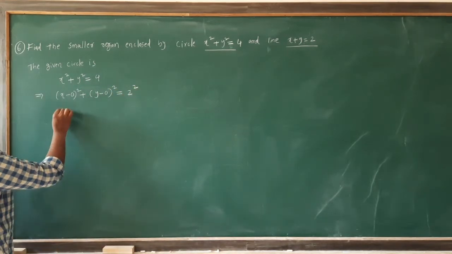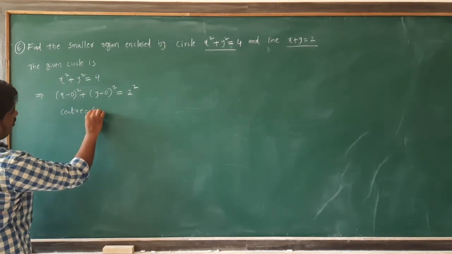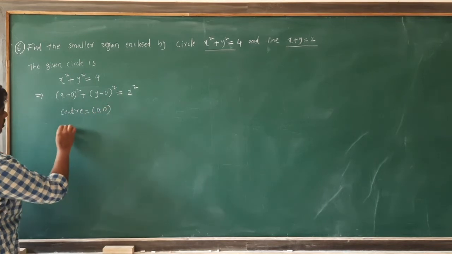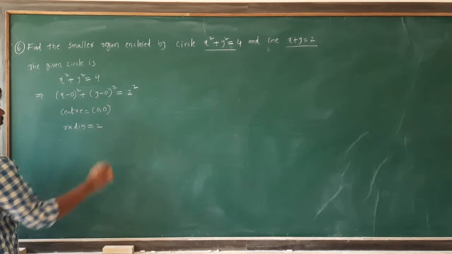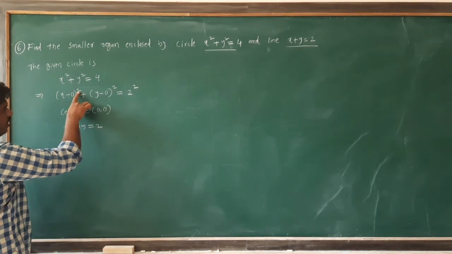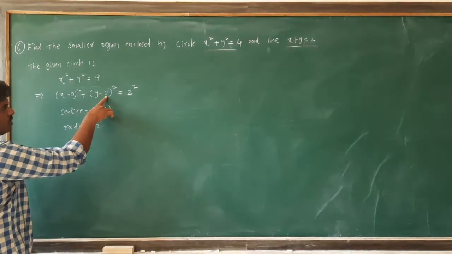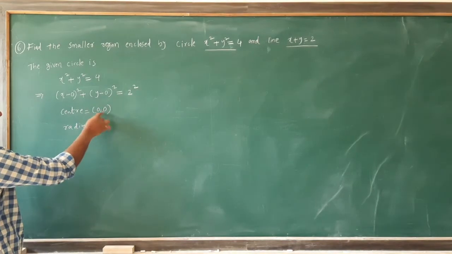What is the center of the circle? Center is 0 comma 0 and radius is equals to 2. By comparing with the formula x minus h whole square plus y minus k whole square equal r square, h comma k, 0 comma 0 is center.